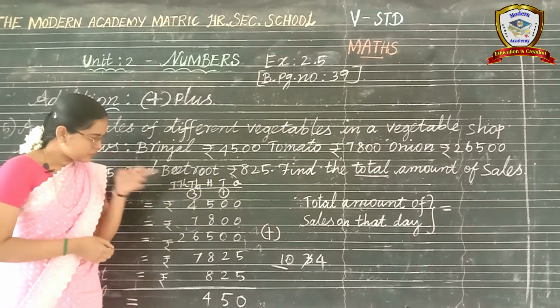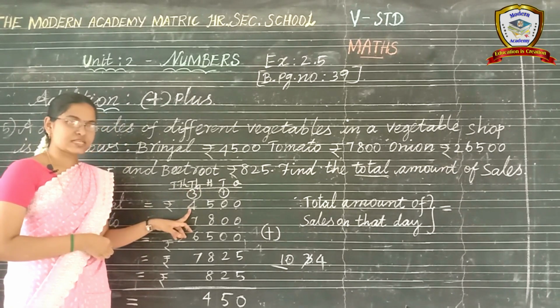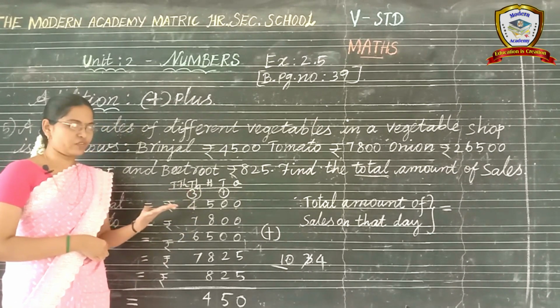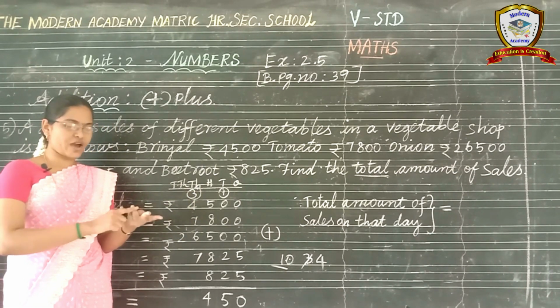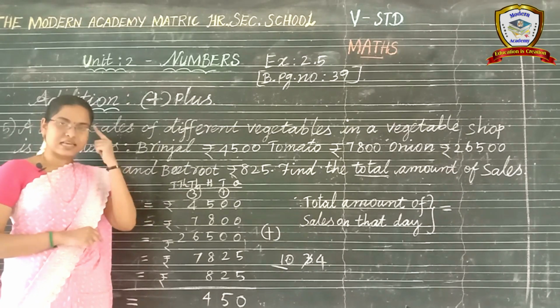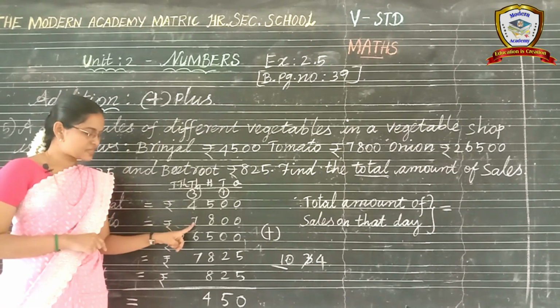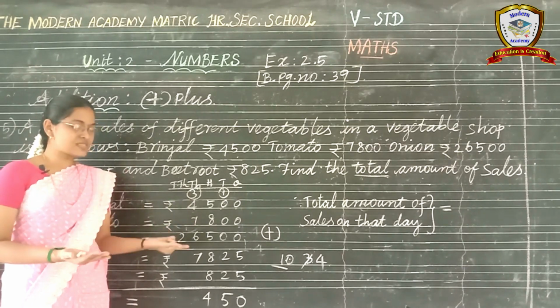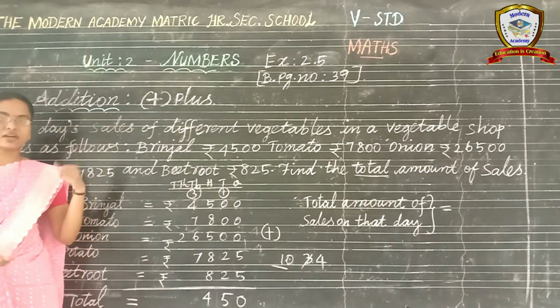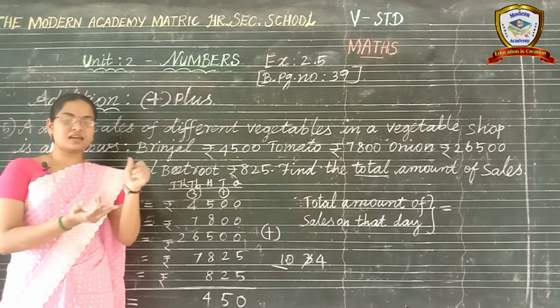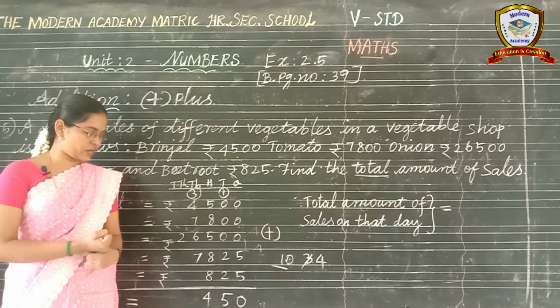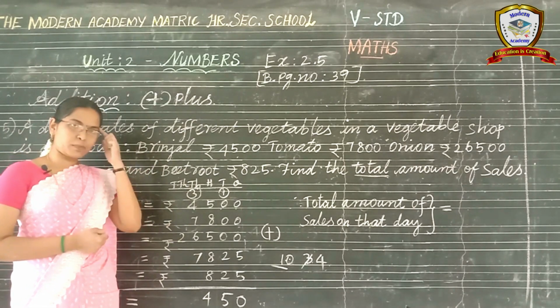Next 3 plus 4. What is the answer? 3 in the mind, 4 in the fingers, 3 after, 4 5 6 7. Now 7 you have to keep in your mind. Next number is 7. Leave 7 fingers. 7 after count. 7 after, 8 9 10 11 12 13 14. Now 14 you should keep in your mind.